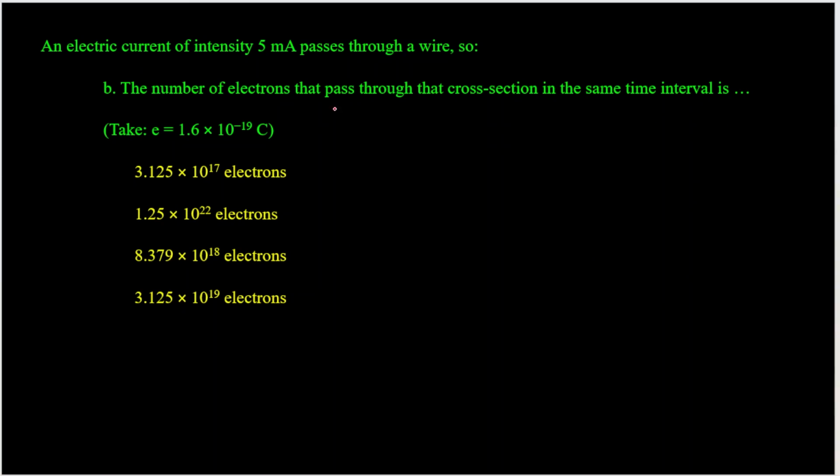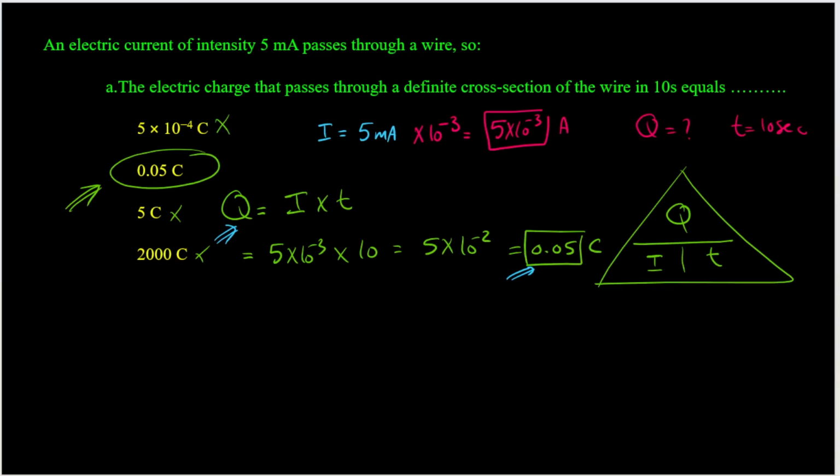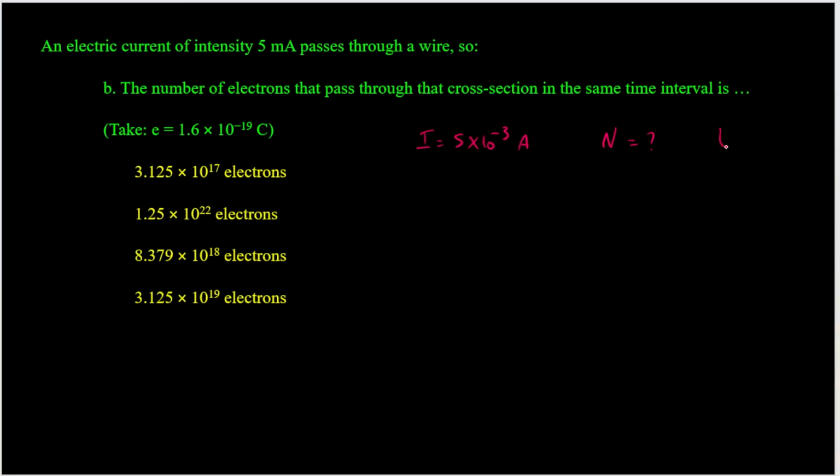We have another question. If the current intensity is 5 milliampere, you need to multiply it by 10 power negative 3 to convert it into ampere. Then the number of electrons that pass through a cross-sectional area in the same time, which is 10 seconds. You have two options.